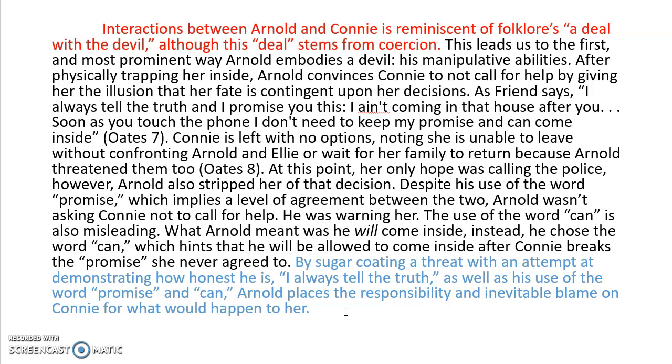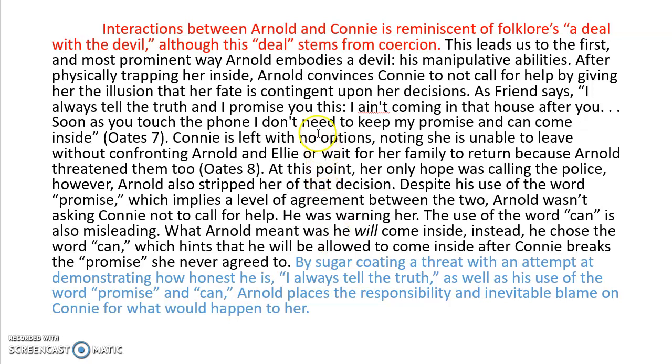What I like about this topic sentence is that it uses a well-worn trope, A Deal with the Devil, but talks about how Oates changes that. So normally when we think about that trope or that common device in literature and in songs and films, is that someone will willingly enter into a deal with the devil in those narratives. But in this one, Connie isn't really a willing participant in that at all. She's manipulated into it. I think that's a great analysis.